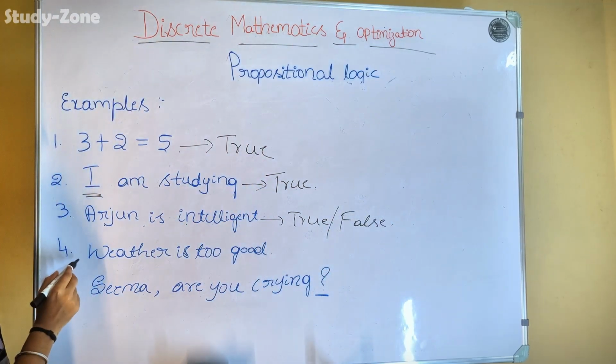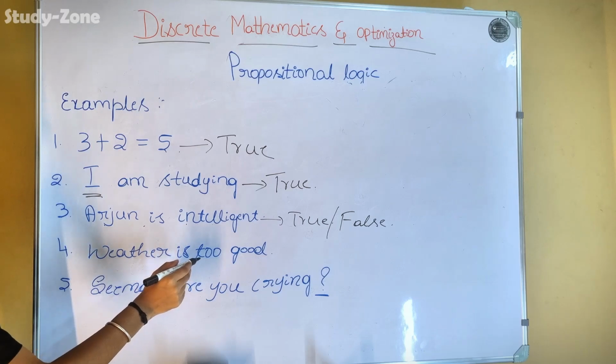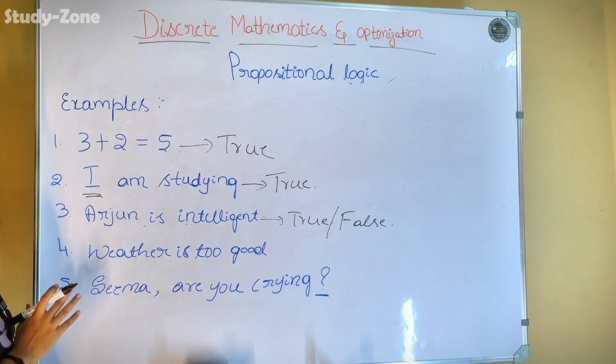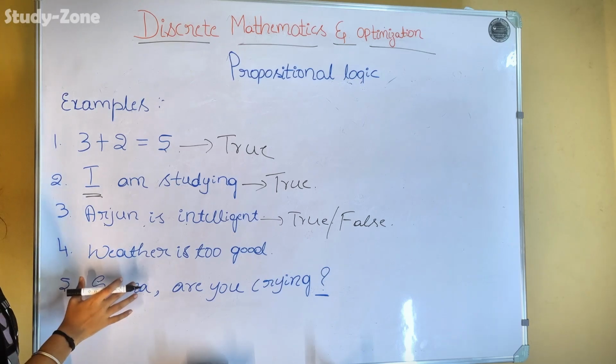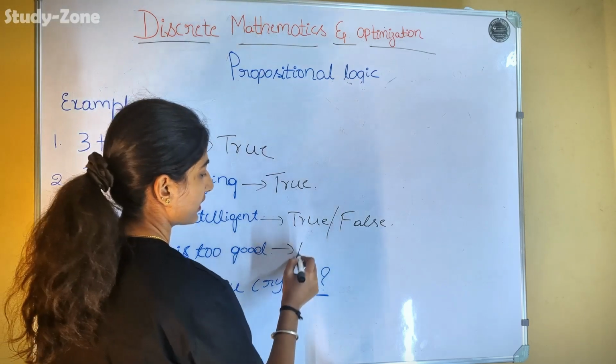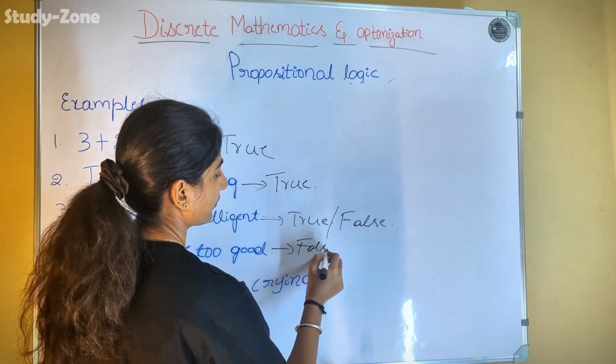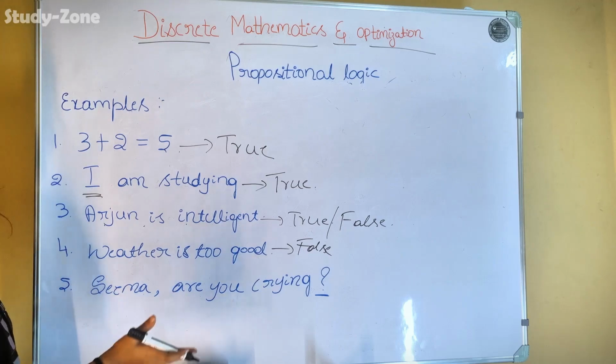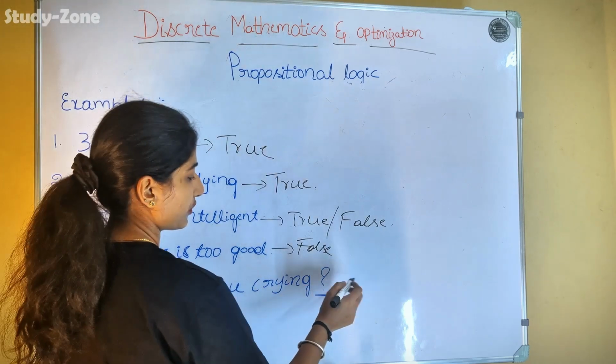So, the weather is too good. Now here the weather is not too good because it is very sunny. So I will write it as false. Next, Seema, are you crying? So here what will you write? You will write it is a proposition.